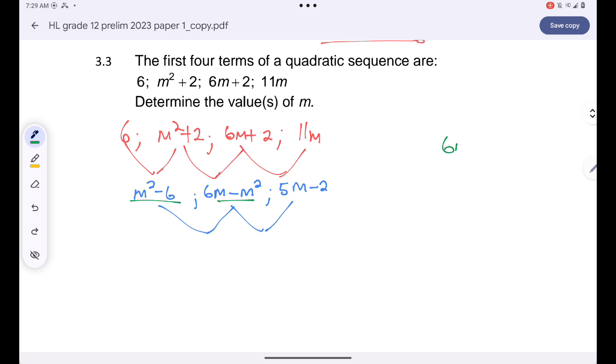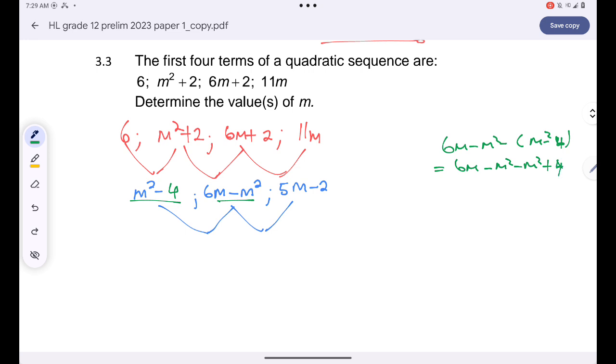Okay, I have 6m minus m squared minus m squared minus 6. So this will just be 6m minus m squared minus another m squared plus 6. Why do I say plus 6? This was supposed to be 4, guys, right? Because if I subtract these, I'll be left with m squared plus 4.